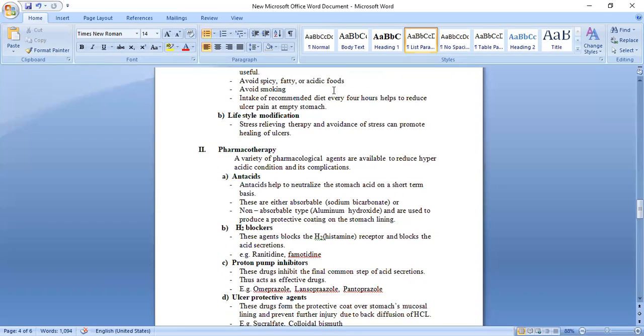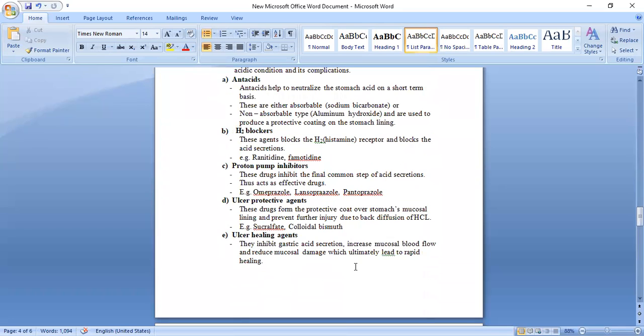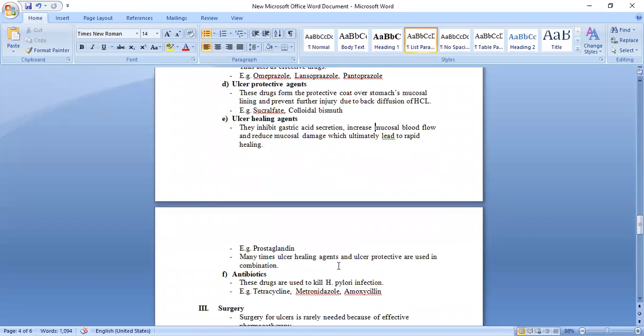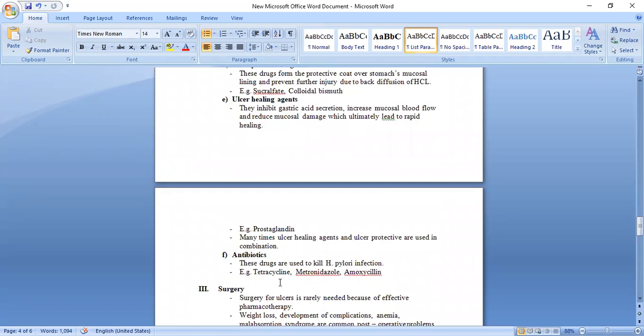In the pharmacology, antacids, H2 blockers, proton pump inhibitors, ulcer protective agents, ulcer healing agents are there, isn't it? And antibiotics for killing the H. pylori bacteria. For that infection we have to use antibiotics.